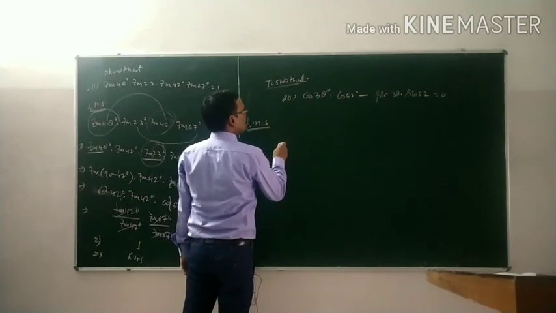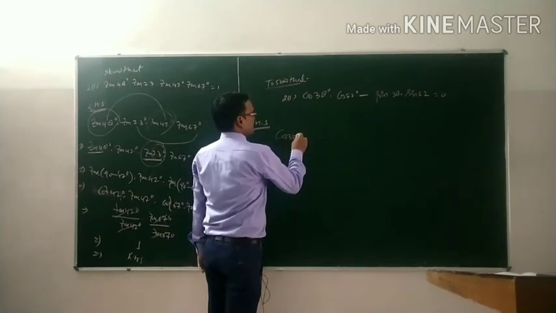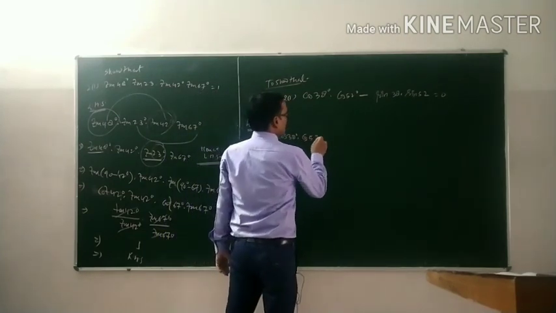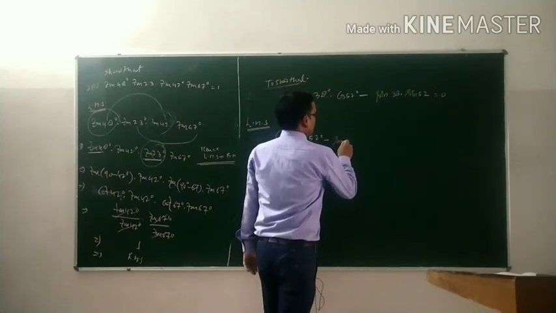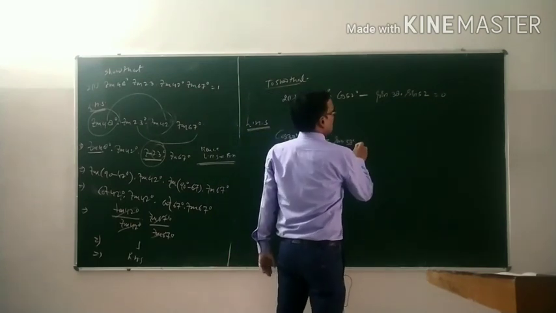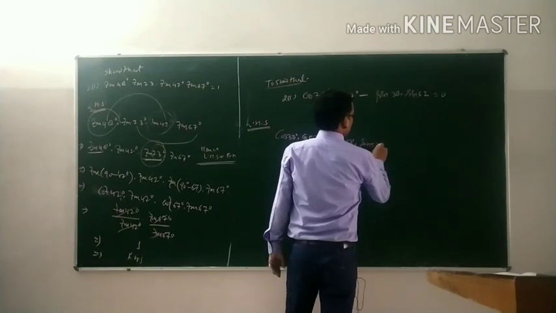Left hand side: cos 38 into cos 52 minus sin 38 into sin 52.